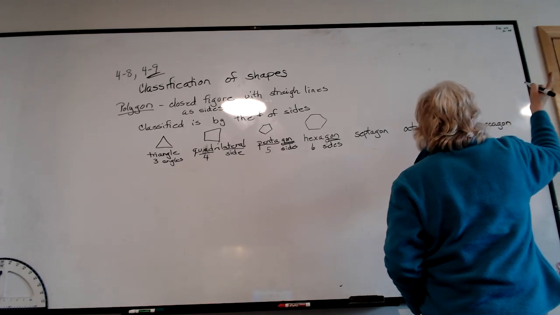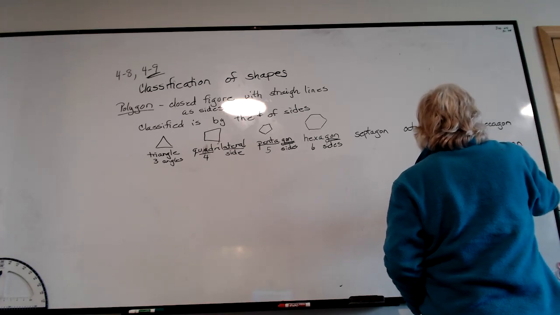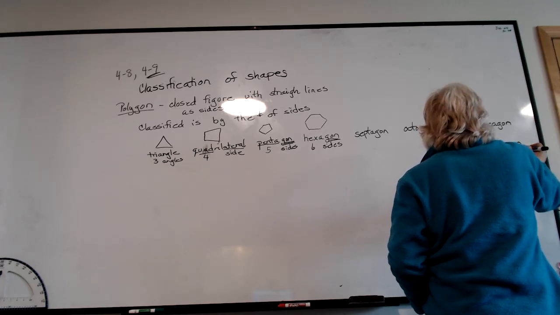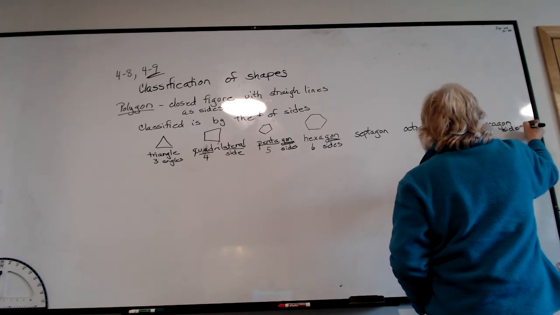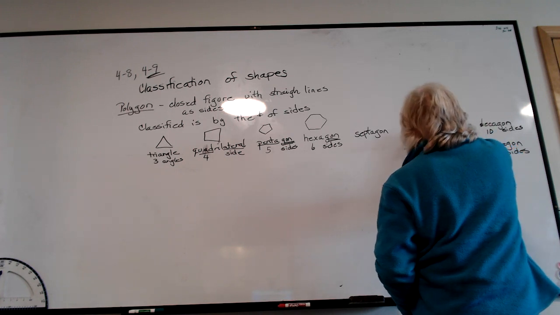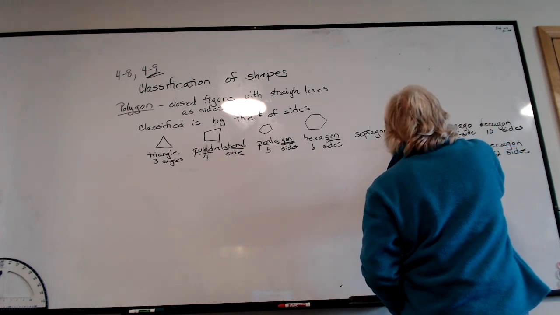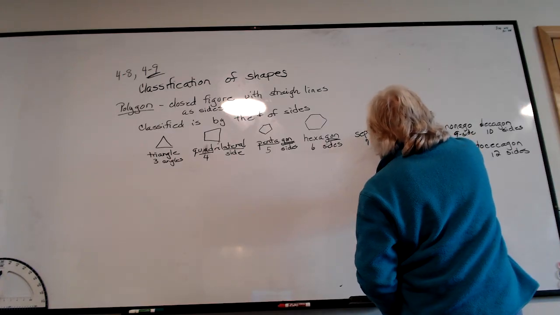I don't know what 11 is, but I do know that dodecagon is 12. So 10, 9, I might have spelled this one wrong, 8, and 7.